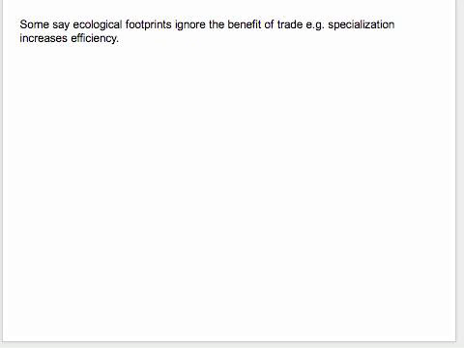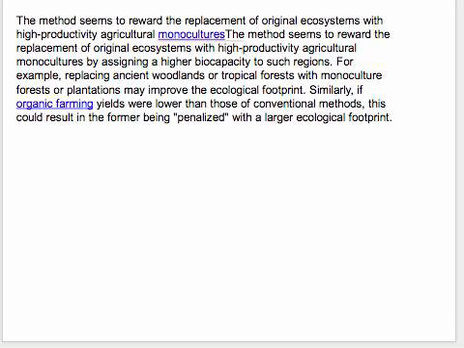Some say ecological footprints also ignore the benefits of trade and specialisation. There you've got economies of scale and things are going to be a lot more efficient. When we look at this, the system encourages you to replace your biodiverse crop or a biodiverse ecosystem with a monoculture, because on paper they appear to be more efficient.